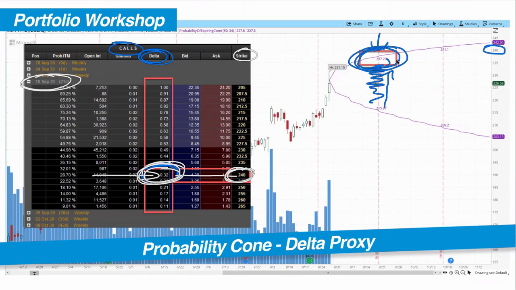So it's not exactly on, but then we're not looking at exactly 30 or 34 delta. We're looking at an approximation, and that's all I want to do. I just want an approximation. I don't need the exact number. And it means that I don't have to have 50 columns. I don't have to have this giant spreadsheet on the option chain. I can just look at one thing and work it out.